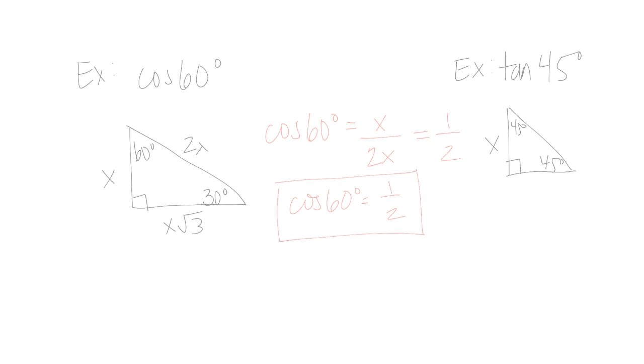So this is x root 2. And I'm trying to find tangent of 45. So I know tangent is opposite over adjacent. So here's one of the 45 degree angles. The opposite is x, adjacent is also x, so x over x is just 1. So the tangent of 45 degrees equals 1. Notice again, no calculator, just used my triangle.